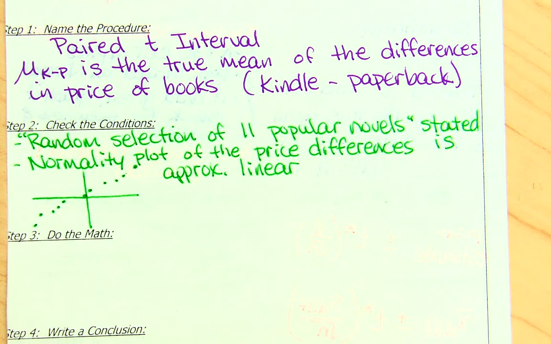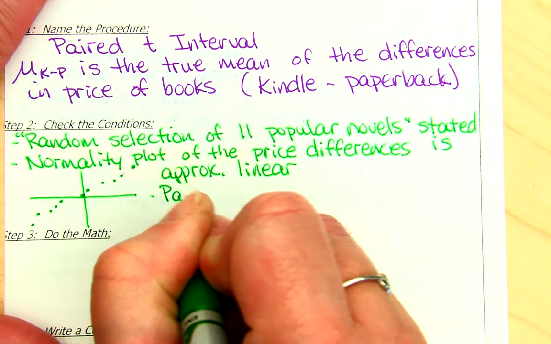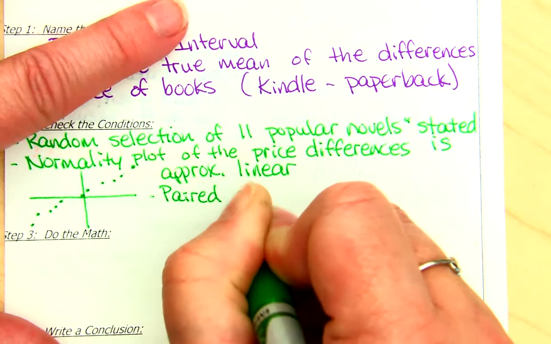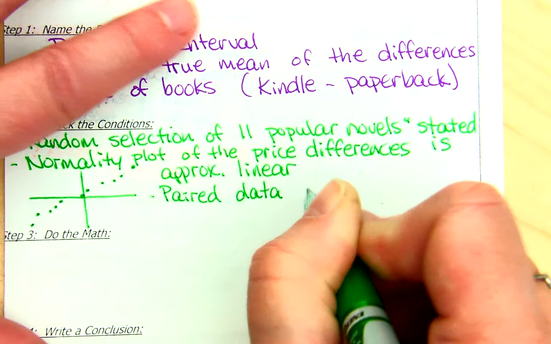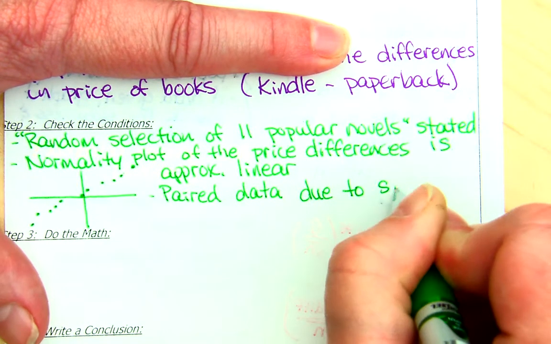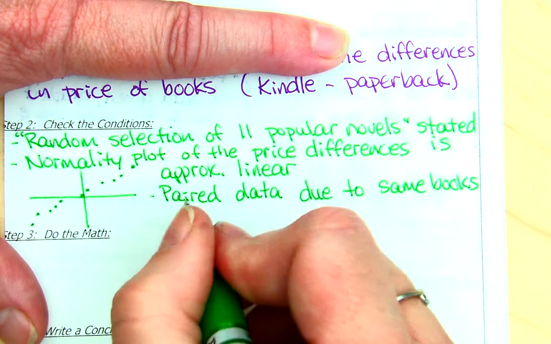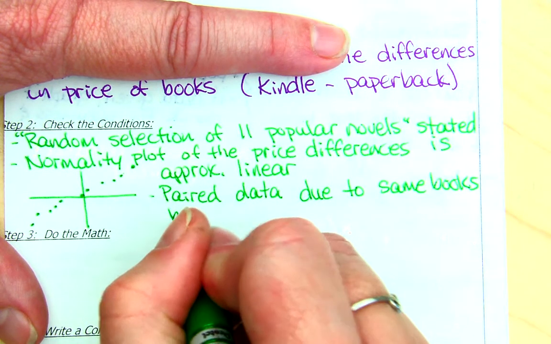And then my last condition that you have to remember: this is paired data due to the same books being compared in price, because it was the same book spot from both places.